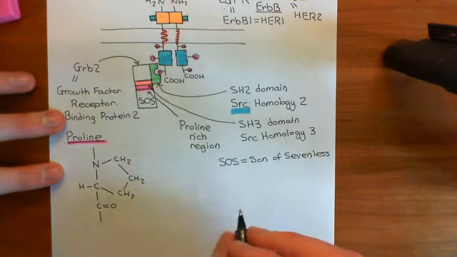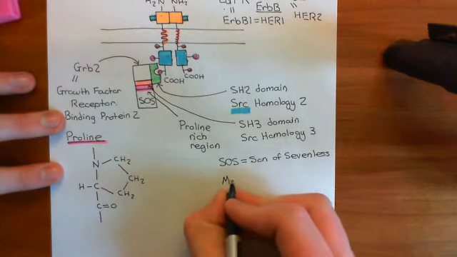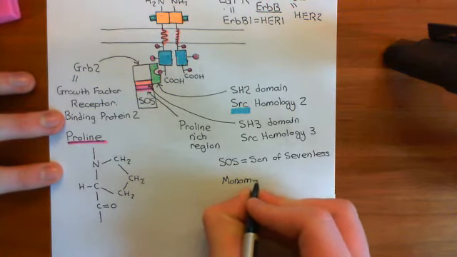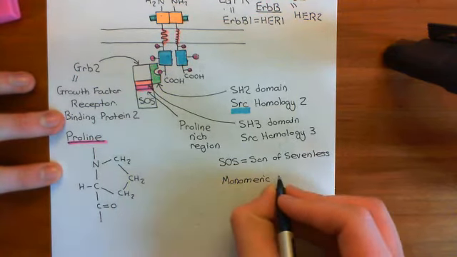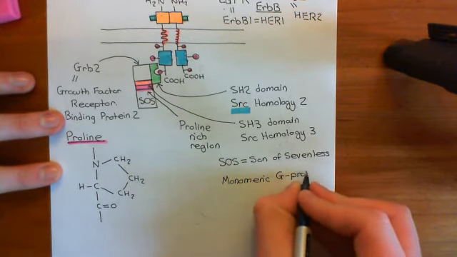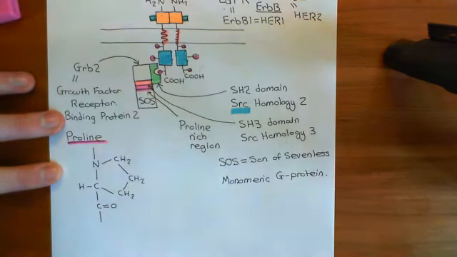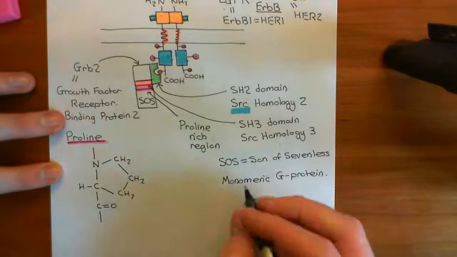So RAS is a monomeric G protein. Now these are similar to and also different from heterotrimeric G proteins, which are more famous than monomeric G proteins. The feature that all G proteins have is that they have 2 states.